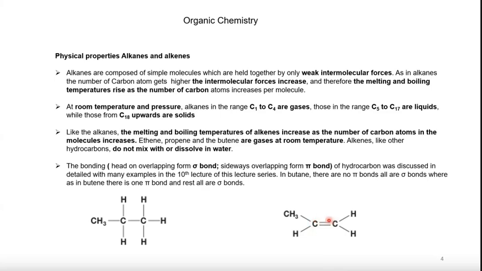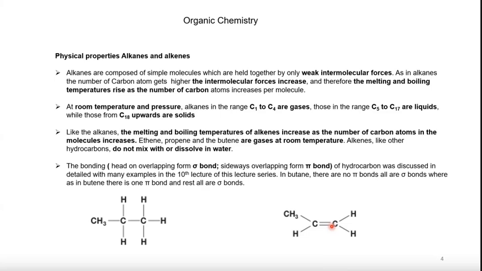And that's what we see here in this alkene, that one of this carbon-carbon bond is sigma bond and another is pi bond. So we have to remember that if it is saturated hydrocarbon, we always get sigma bonds between carbon and hydrogen, or between carbon and other functional group.